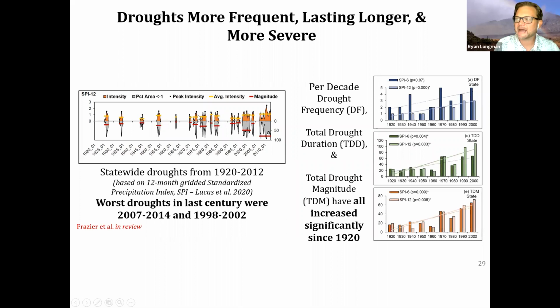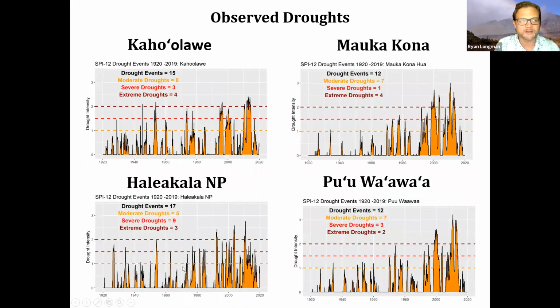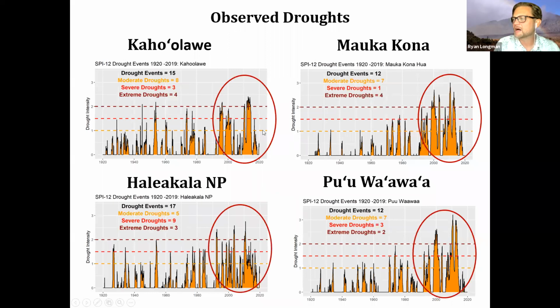But again, when we distill this down to these individual areas, and I'm pulling this from portfolios that I made for a bunch of people on this call, we see that even without really any statistical analysis, this later part of the record, especially in some of these areas, is showing really long droughts, really long periods.